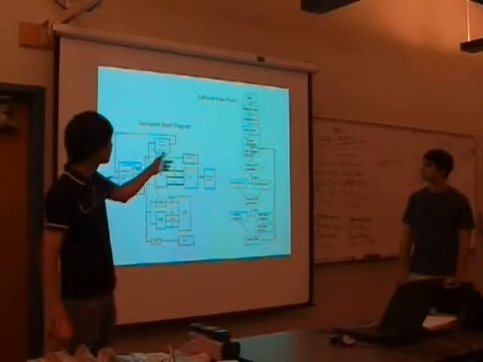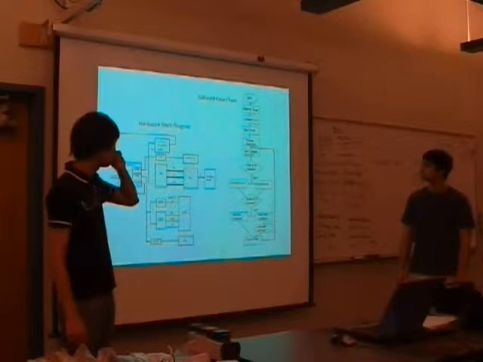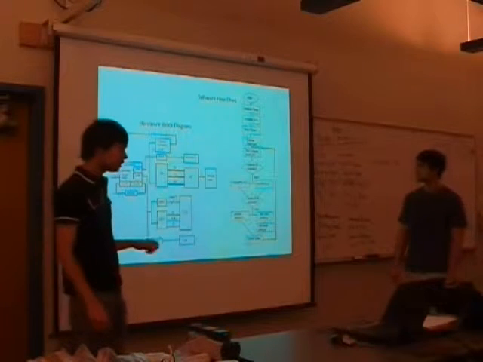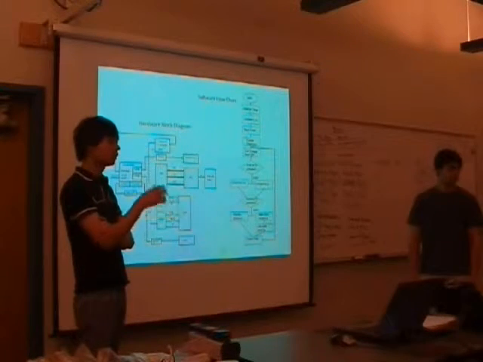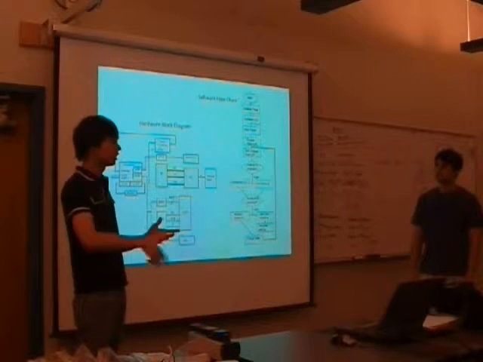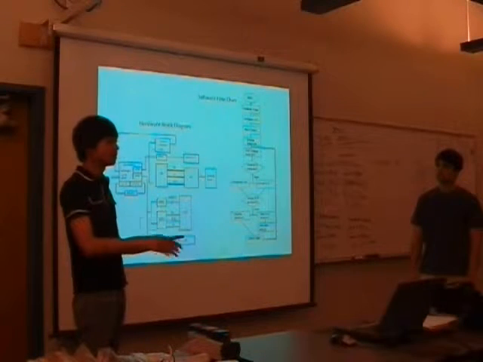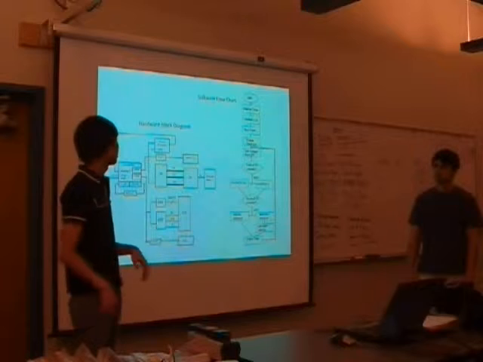This on the right-hand side is our software block diagram, and so we're using a timer to refresh the screen so that the new distance or velocity is displayed every time it interrupts.